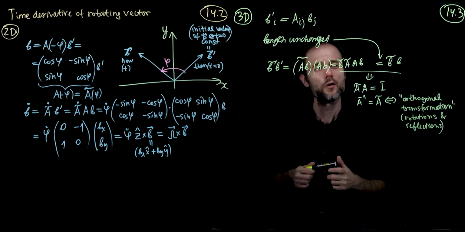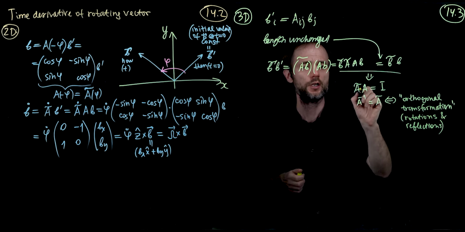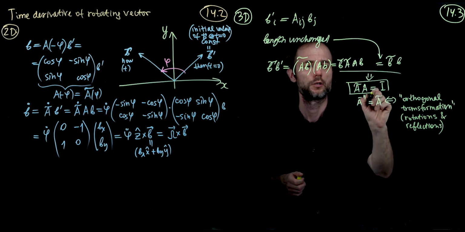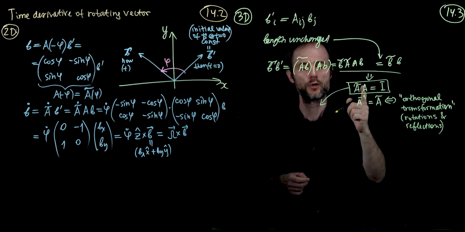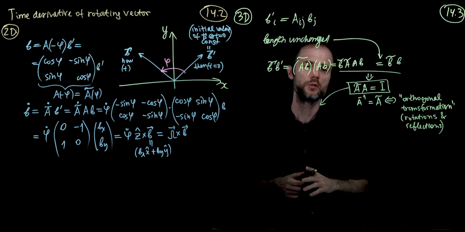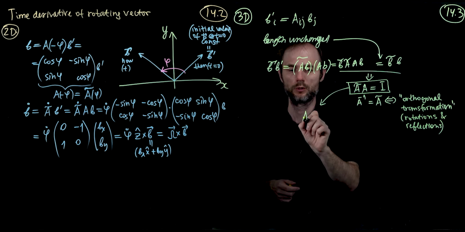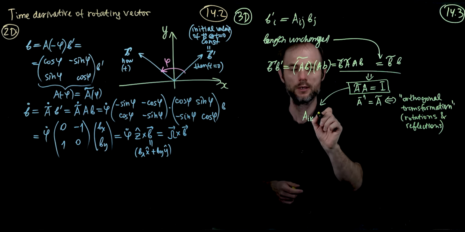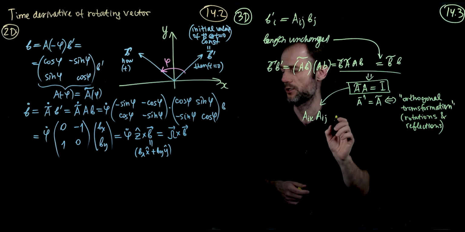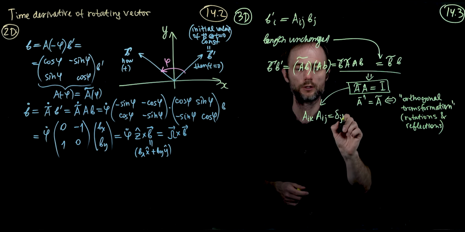So from the fact that the length is unchanged, let's write this out in components to see what we can glean. So in components, this will look like aik times aij is equal to delta jk.